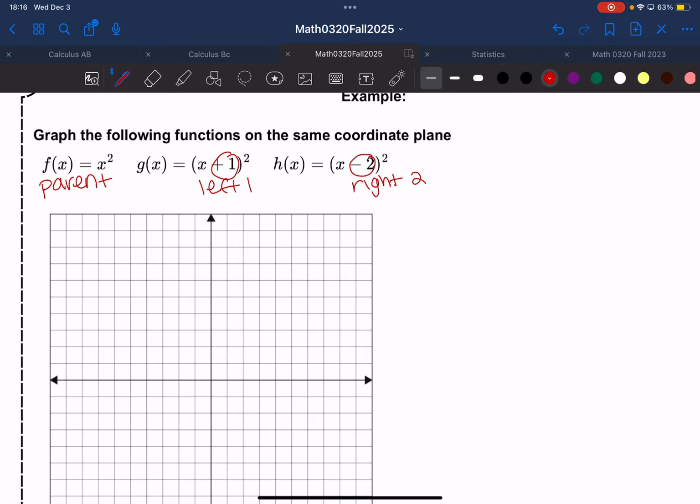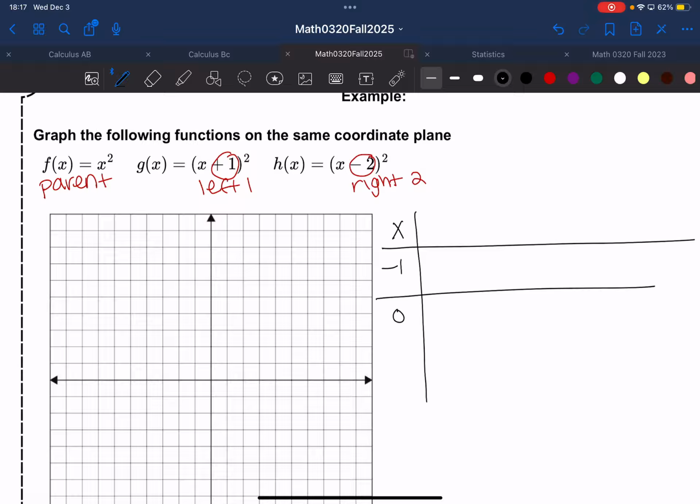We're going to do the exact same thing as we did before. You could continue to use -1, 0, 1, or you could use other numbers. It's completely up to you. I'm just going to continue using -1, 0, 1, and plug this in for the parent function, g of x, and h of x.